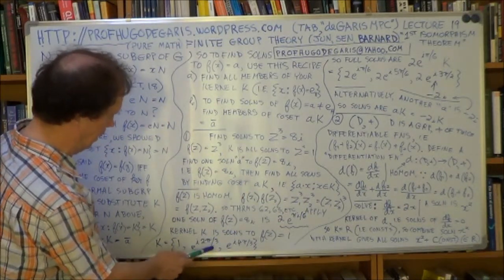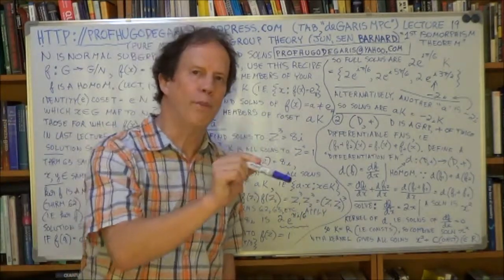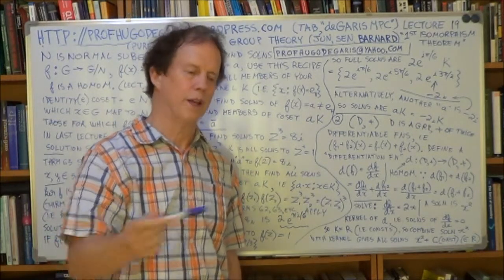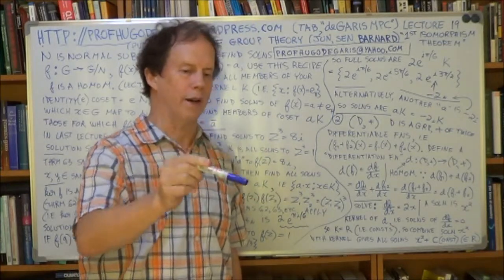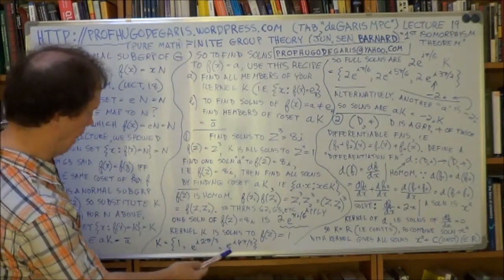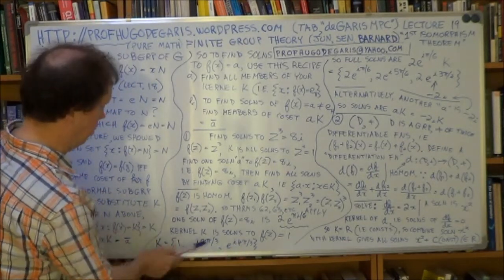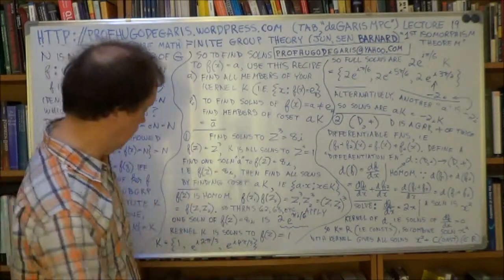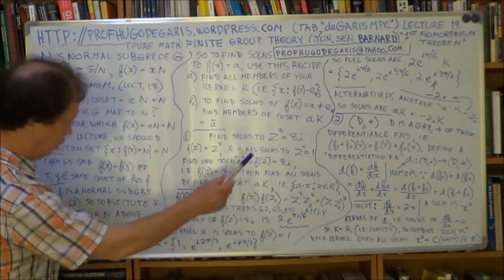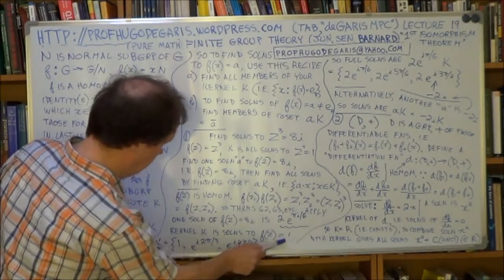So that's where that one comes from. But e to the 4 pi i is also +1, and e to the 6 pi i is also +1, and so on. So that's where these other two come from. Just divide by 3. Anyway, so there's your kernel. There are your solutions to this problem.